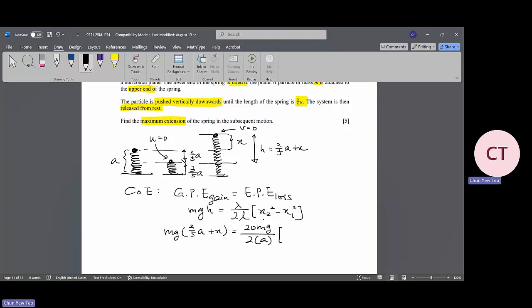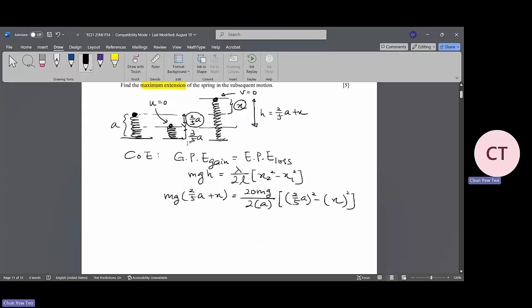Your extension at the beginning means at the beginning you press with this much of the length, which is 2/5a. Then at the end, your extension is only x squared. So this is what we are having.